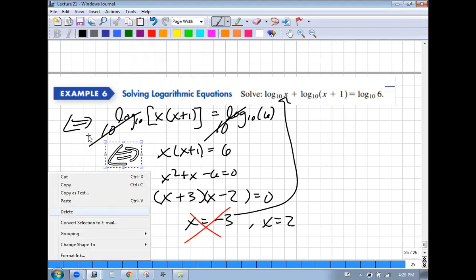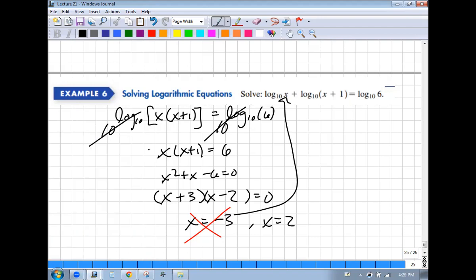At some point along the way, we added a solution. So from here, we only have a backwards implication. This implies that, because if you plug a minus 3, this thing is undefined. This equation, you cannot plug minus 3 into it, so it can't be a solution to that equation.